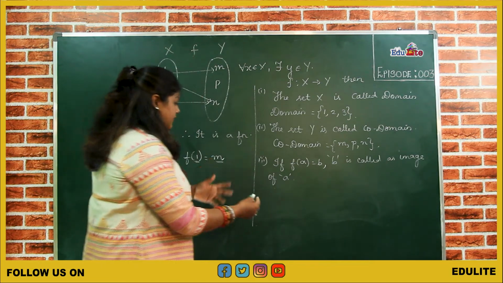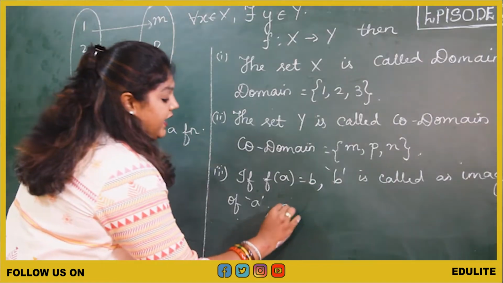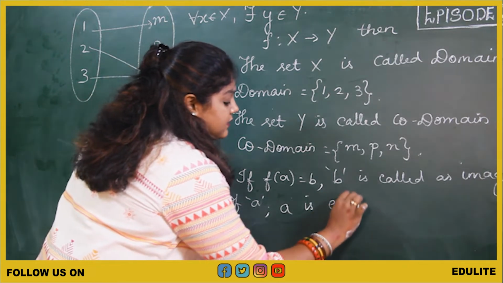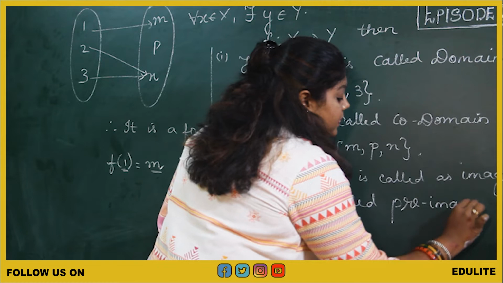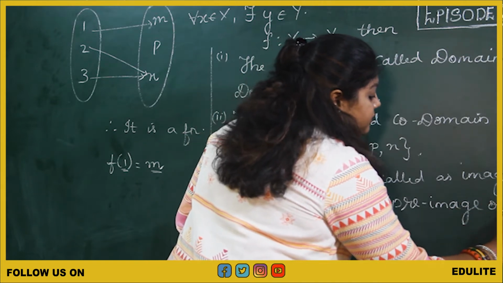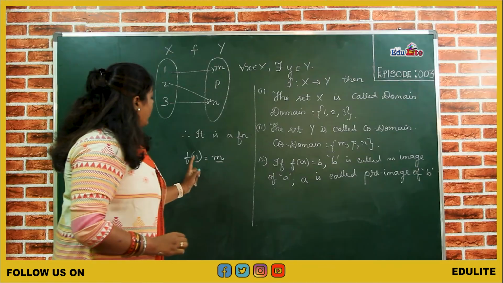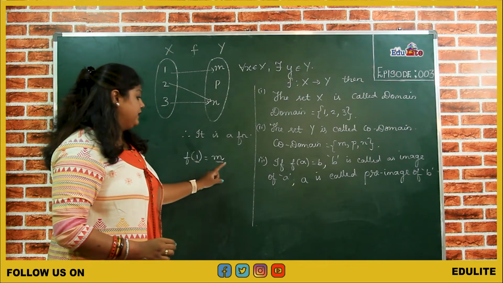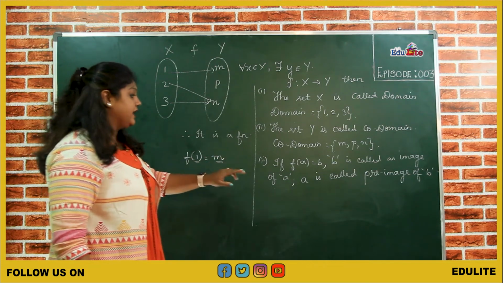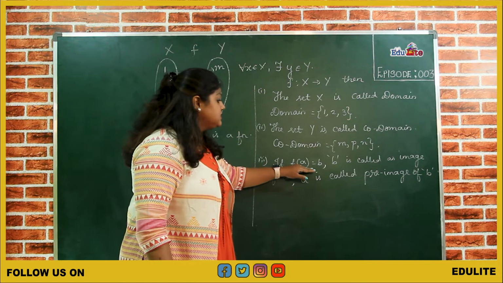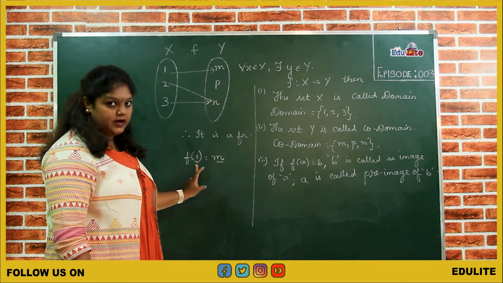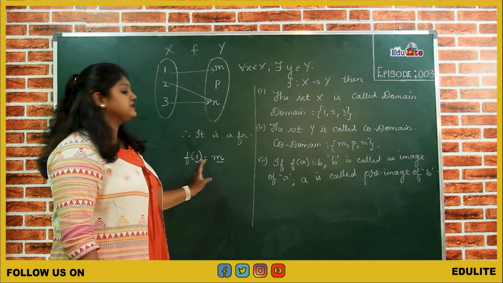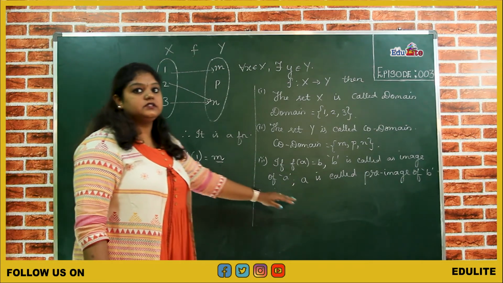And another point is, this a is called the pre-image of b. What does it mean? 1 is called the pre-image of M. I will repeat once again. According to this statement, M is called the image of 1 and 1 is called the pre-image of M. So, this is over.